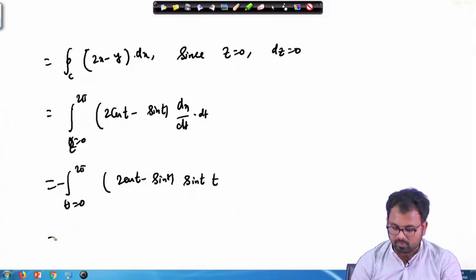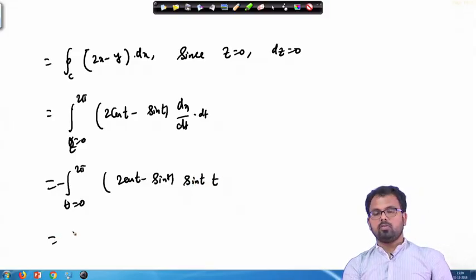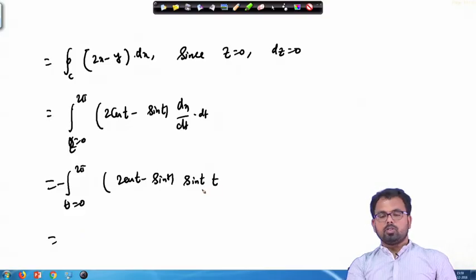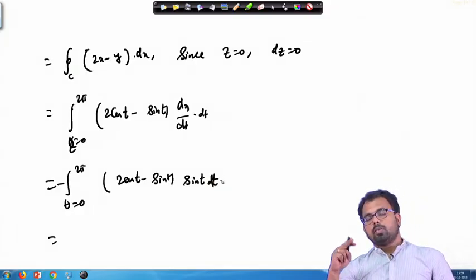This will be 2 sin t cos t, that means sin 2t, and then minus minus plus 2 sin square t, which can be written as 1 minus cos 2t, dt.